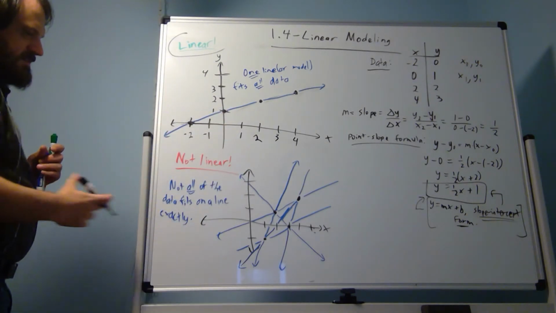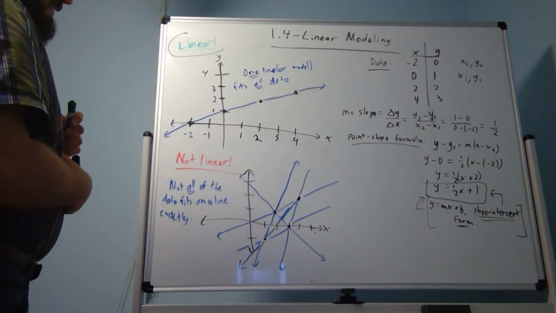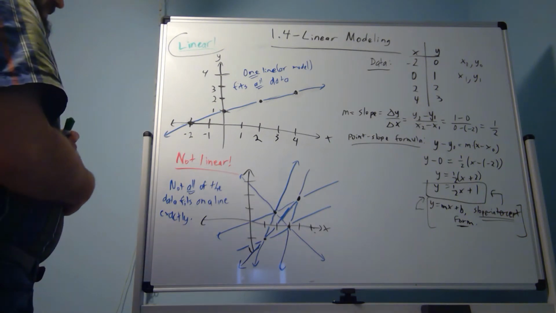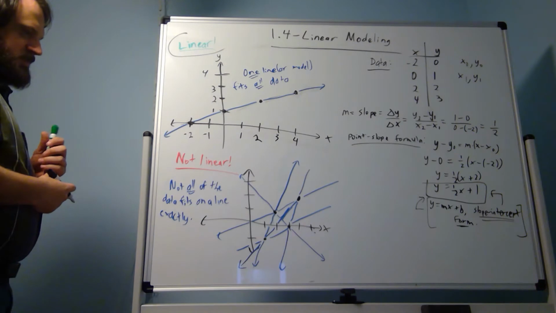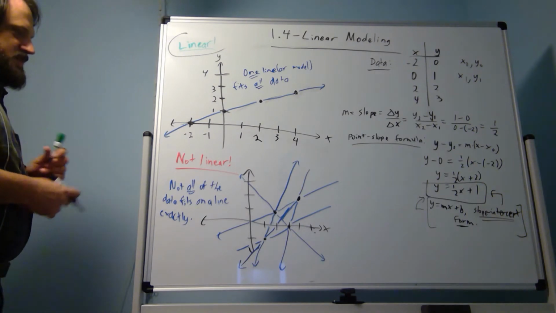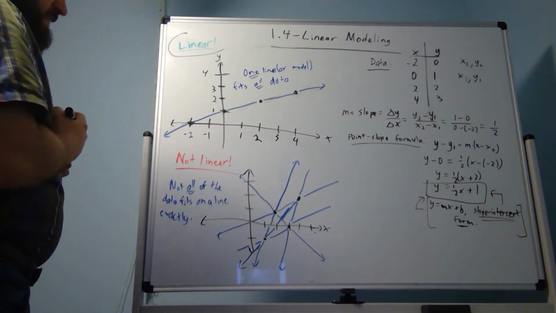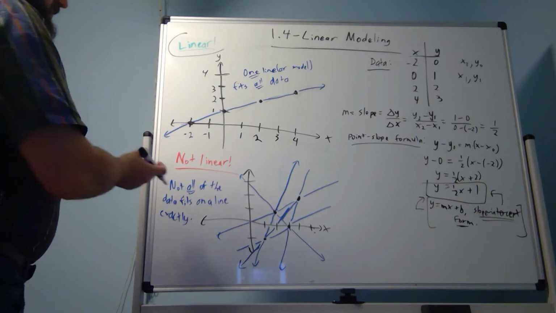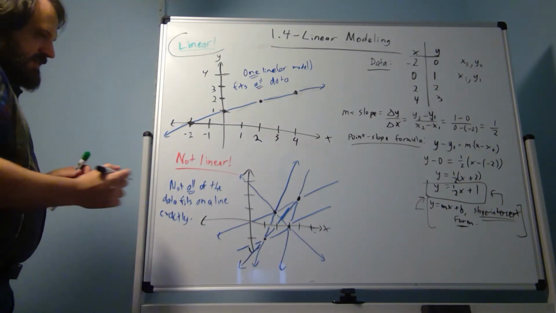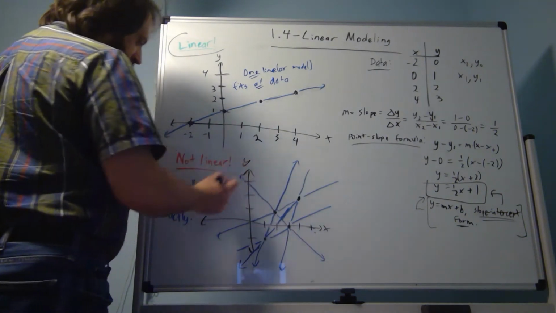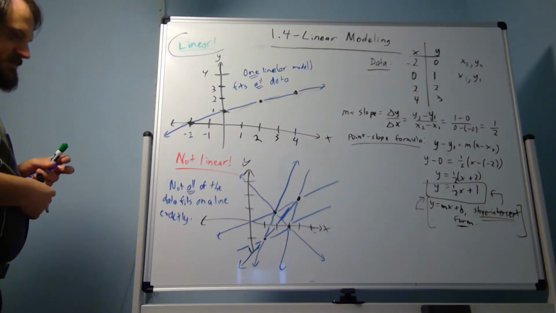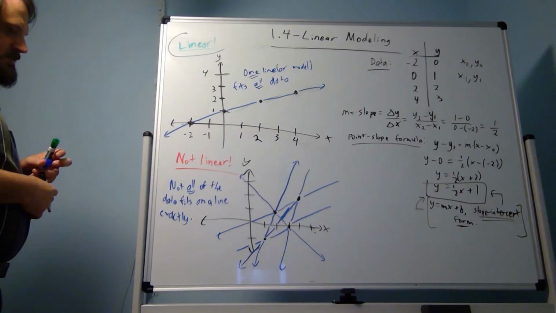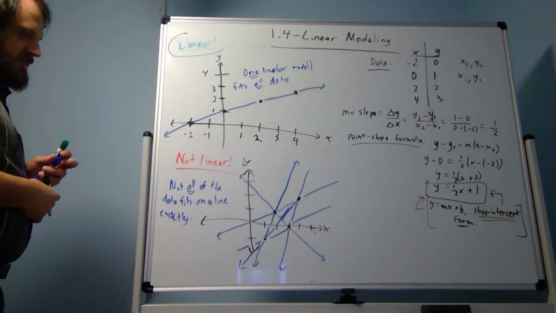And then not linear is just you draw a line between 2 points, and maybe even 2 or 3 points are on the same line, maybe 3 or 4. But if there's even one exception, then the output y is not strictly described as a linear function of x.